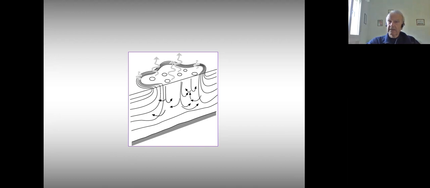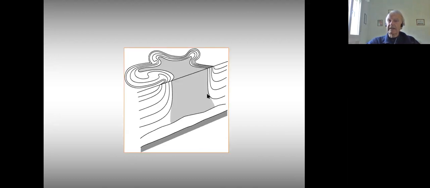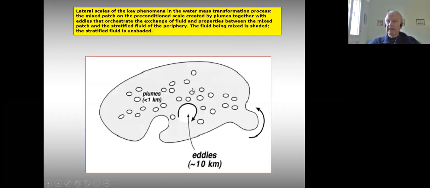Okay, and here is the final shape of this thing. Everything is vertically mixed up to a certain depth, and along the border of this patch, which we call the cold water patch, there are meanders, which then finally destroy this patch once there are no strong surface heat losses. And here is how these patches look.